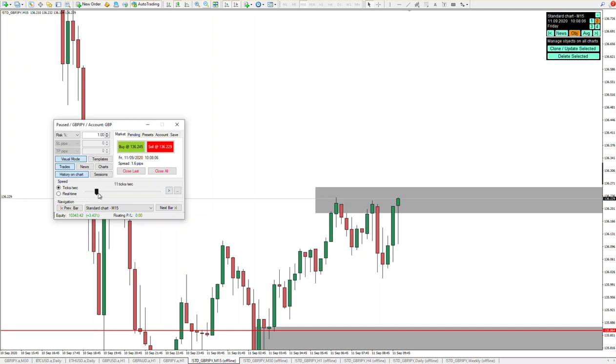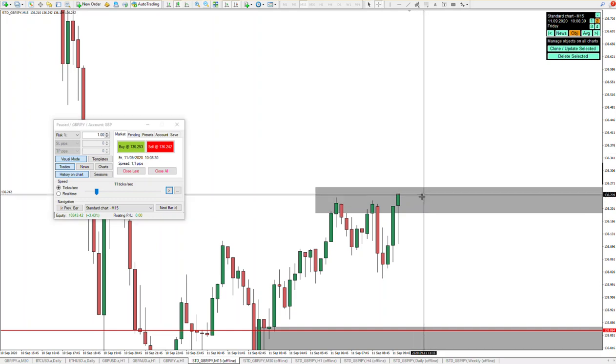Let's see if we break the high there. Yeah, that's a beautiful break. M15, what do we got? 15 pip stop, beautiful.